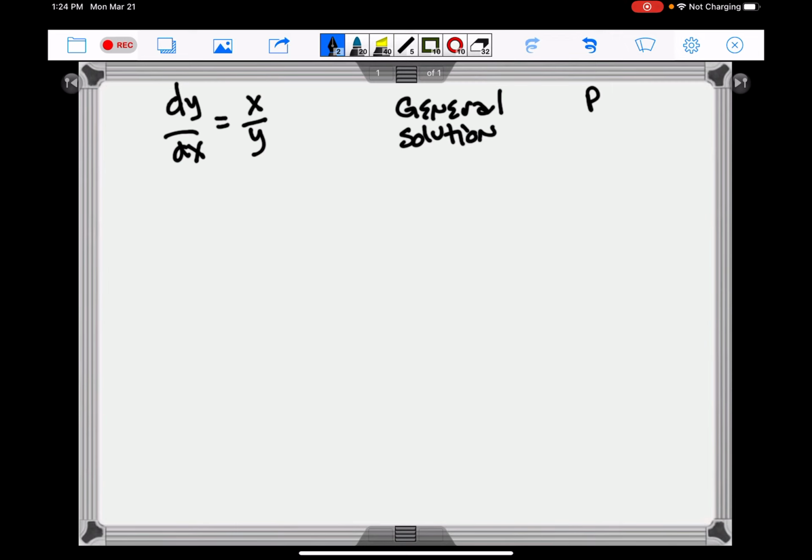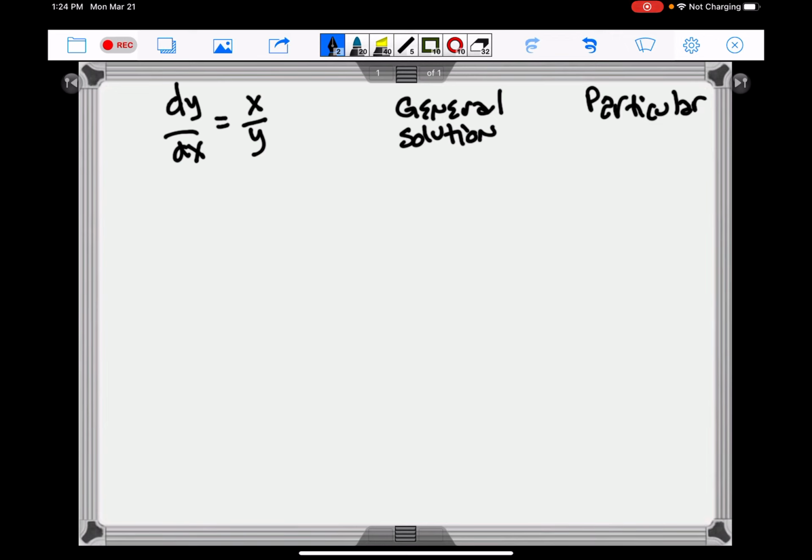It's what I have written up there. But it's finding an antiderivative of a differential equation, which is what we call these ones that have an x and a y in it. Okay? So we've got general solution and we have particular solutions.